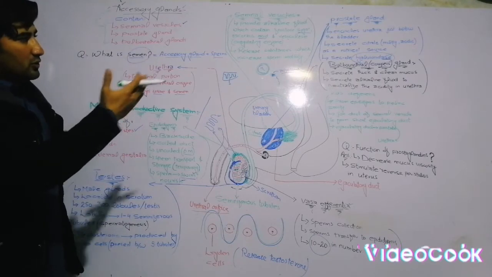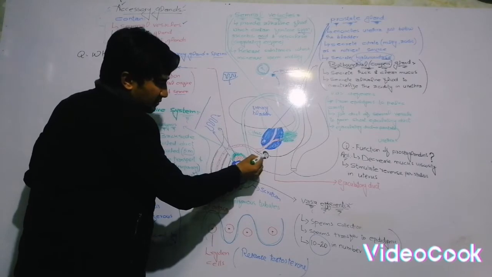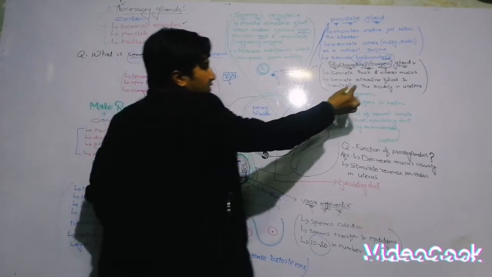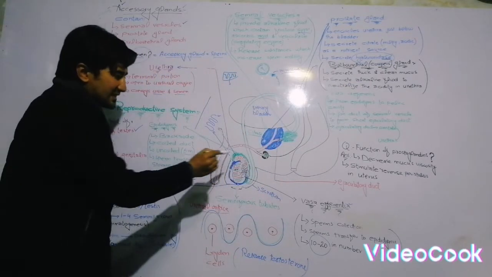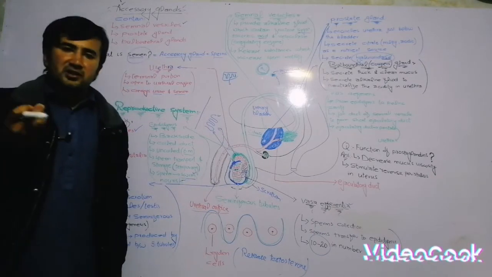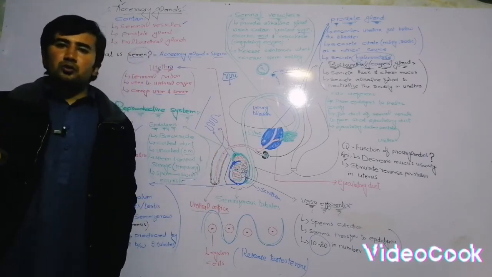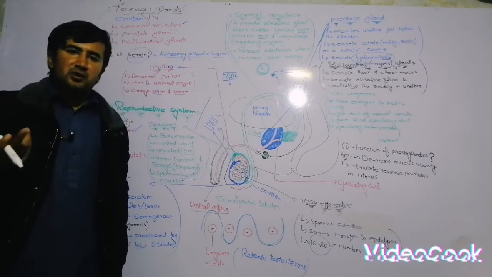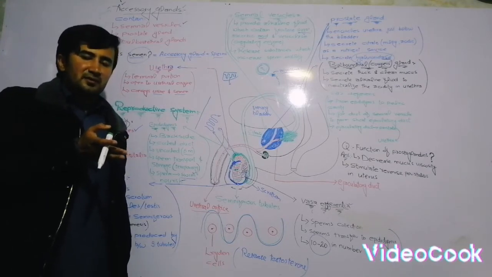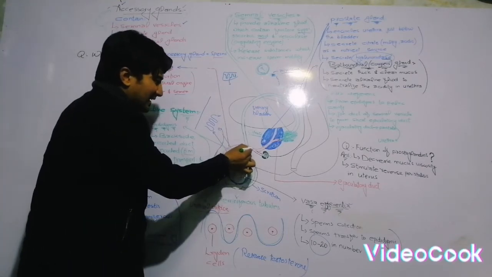Now it comes to the bulbourethral or Cowper's gland, which is located on this portion. You can see this is the bulbourethral or Cowper gland. It secretes clear, thick mucus as well as alkaline fluid, because the urethra has an acidic environment. In an acidic environment, sperms will ultimately die, so to prevent their death we have to provide an alkaline environment.